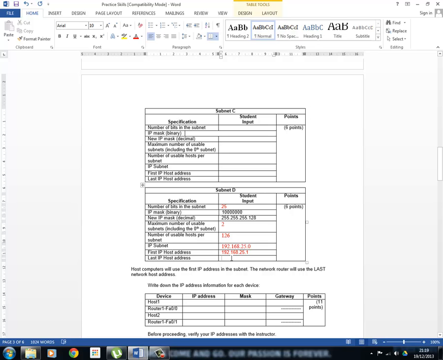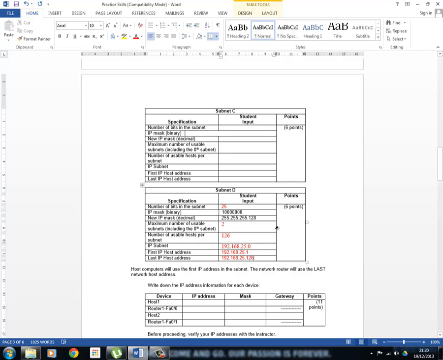Well, it's going to be 192.168.25.126. Why have I done 126? Well, the next IP address will be the broadcast address, which will be the 127. And then the 128 is actually going to be the start point for the next network.